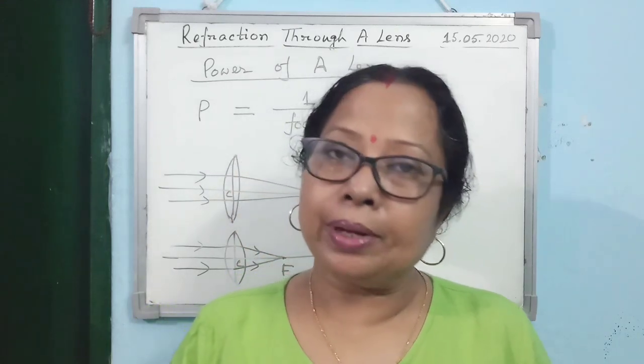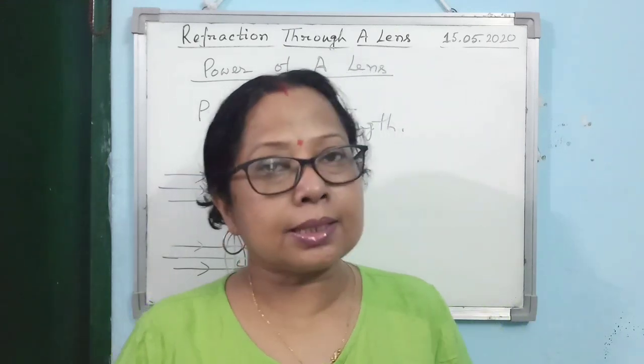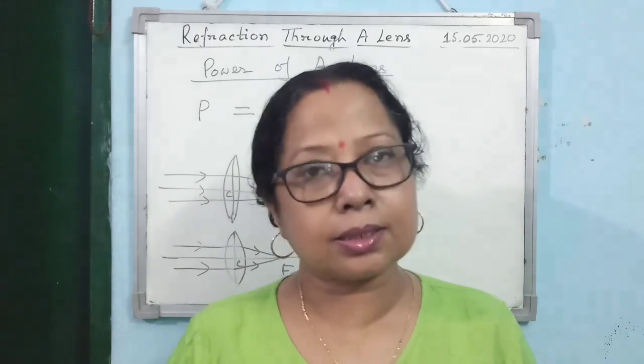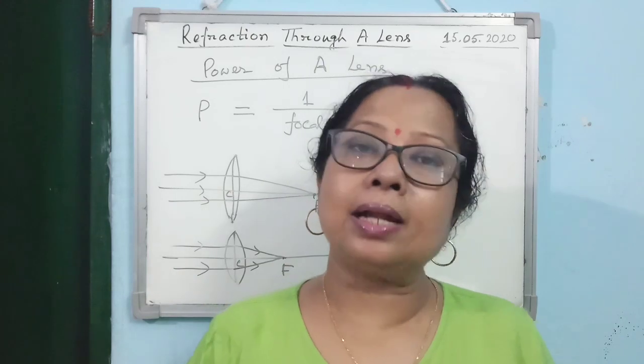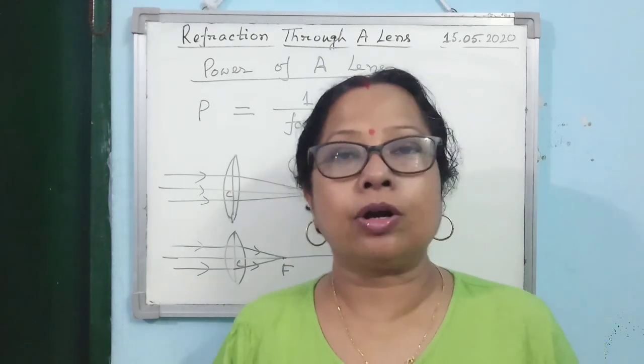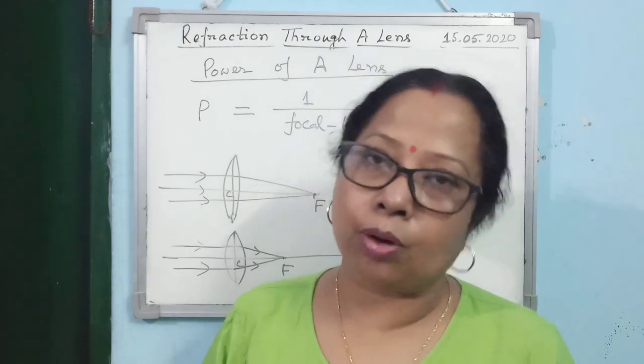Alright. I am repeating. What is power of a lens? Ability of the lens to converge or diverge parallel beam of rays falling on it is known as power.